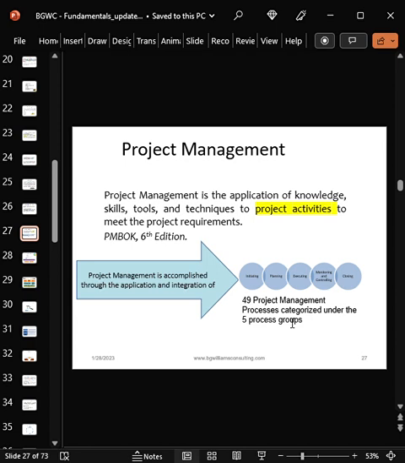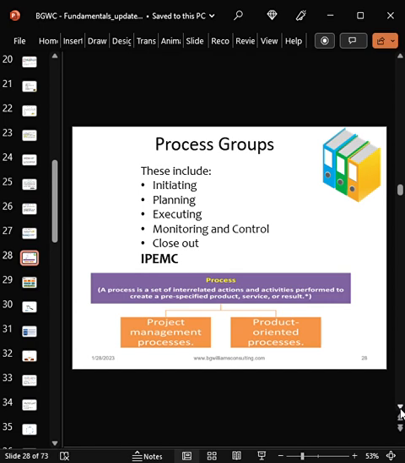But those 49 project management processes can be classified under 5 process groups. So what is a process? A process is a set of related activities and actions that we need to do to get a result. So those actions are in 5 process groups.